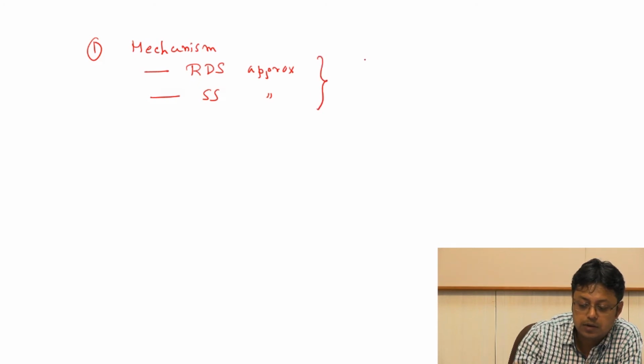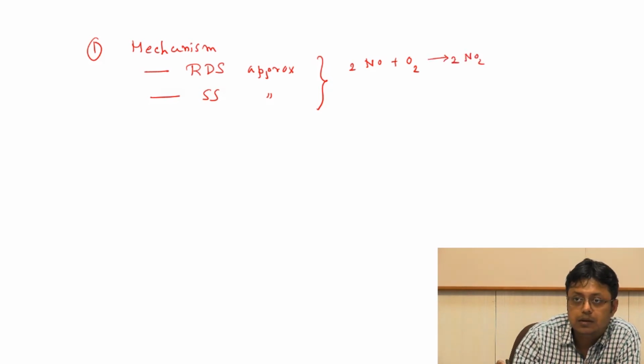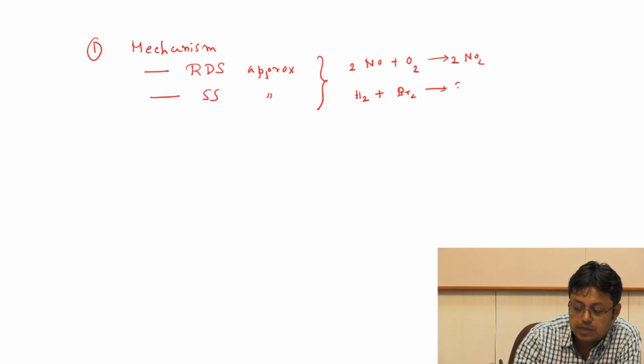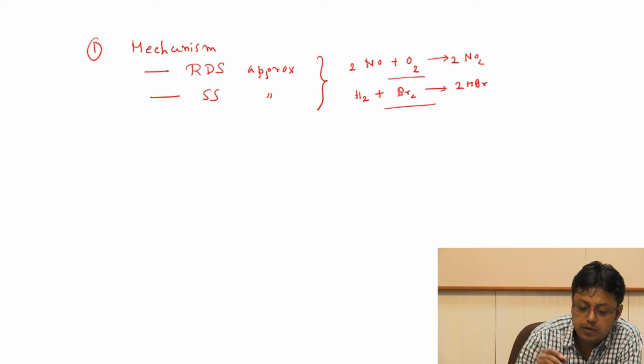One was nitric oxide going to NO2, which is apparently simple, and the rate laws are also simple, but we showed that it can have very different mechanisms, both of which can predict the same observed rate law. The other one was H2 plus Br2, all in gas phase, reacting to HBr, which looks very simple, but the rate law was fairly complicated. But we proposed a mechanism, and that successfully explains the rate law that we discussed.